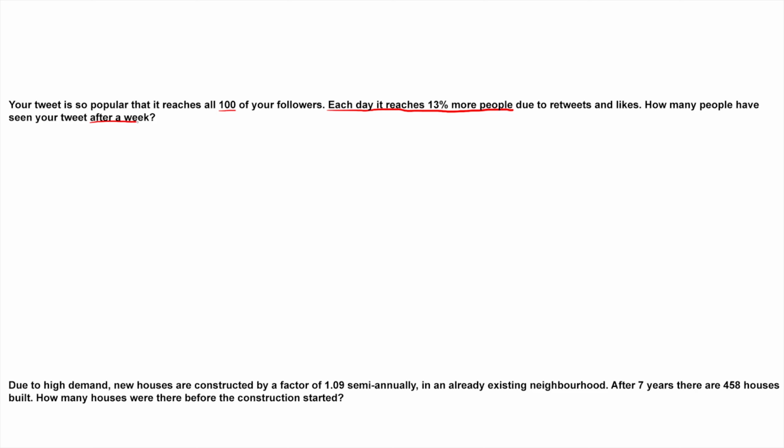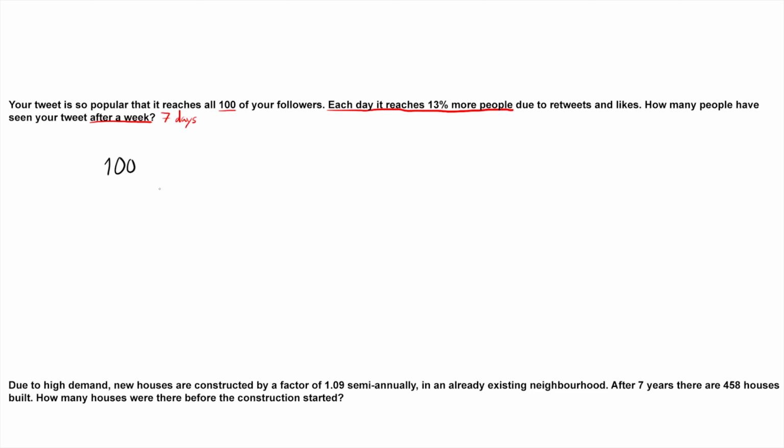So after a week, or we can say 7 days. Okay, so again, very similar setup here. We have our initial amount of, okay, it reaches 100 people, and after it reaches those 100 people, each day going forward, it reaches 13% more people due to retweets and likes.